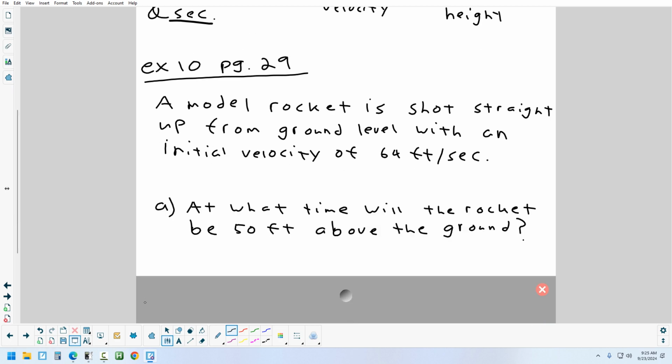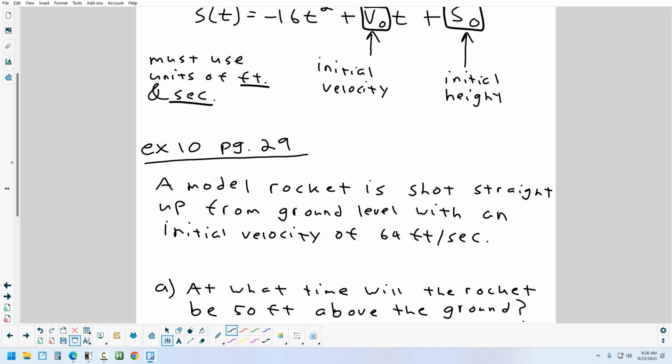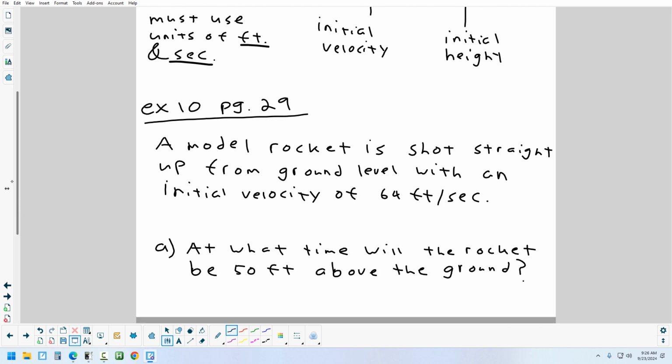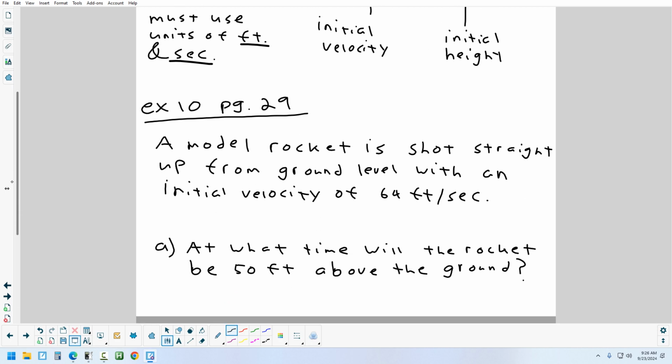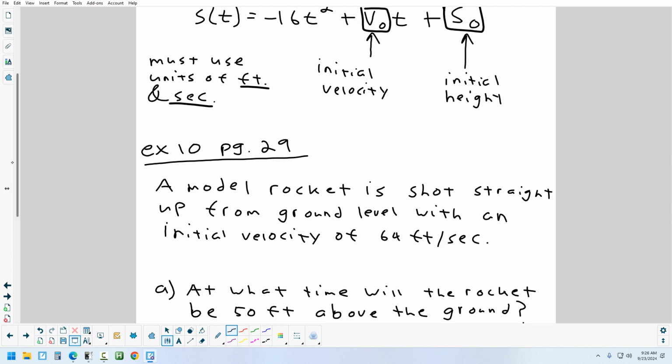Okay, so it says, at what time will the rocket be 50 feet above the ground? So let's look up at that formula, and I want to see where I would plug in the 50.